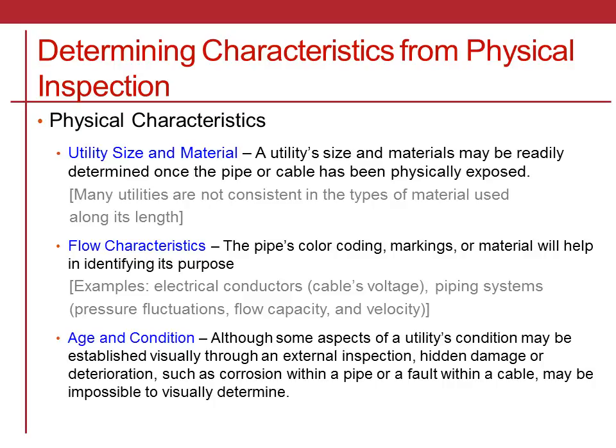And third is age and condition. It is very important to detect these physical characteristics because this information gives a crucial clue for inspection. Therefore, before performing inspection, general and physical characteristics should be identified.